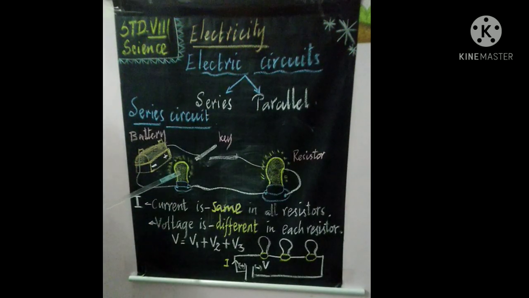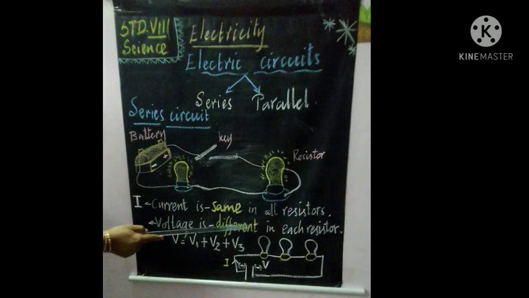That's why, if there is any break in the circuit, it will affect the next bulbs in the series. Isn't it? So, what is I? Current is the same in all resistors, but voltage is different in each resistor.